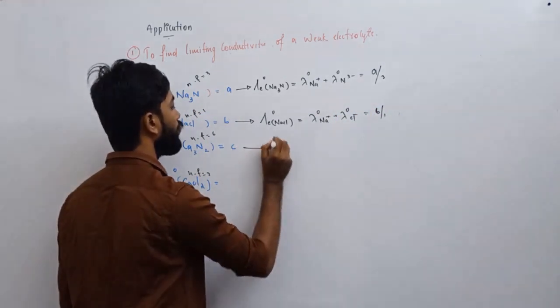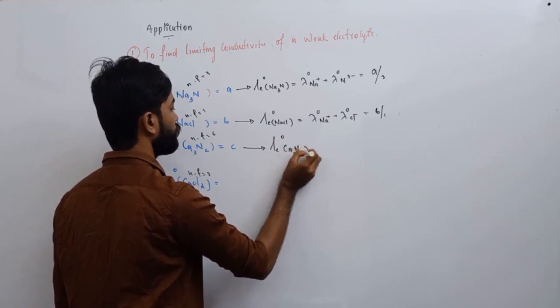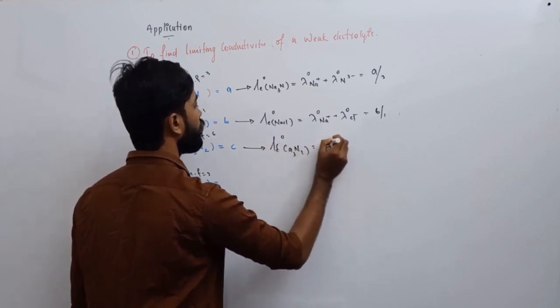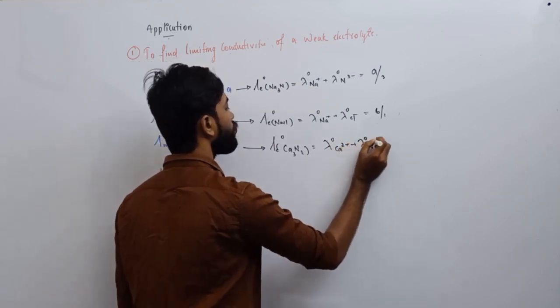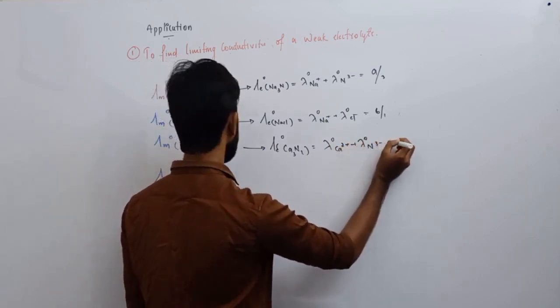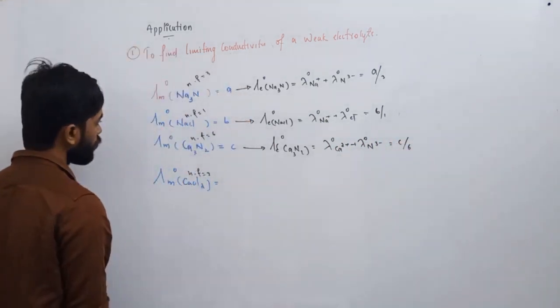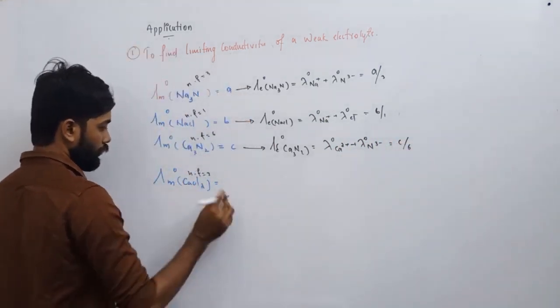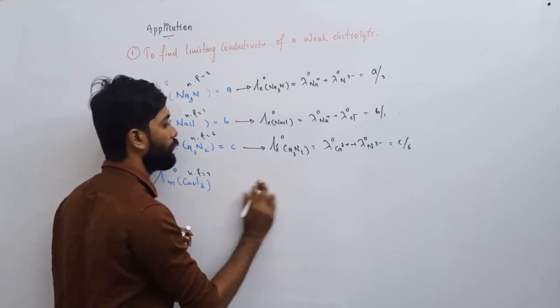Like lambda 0 of Ca3N2. Tell me, lambda 0 Ca2+ plus lambda 0 N3-. Then that will be equal to C divided by 6. Ready? Okay. Fine.